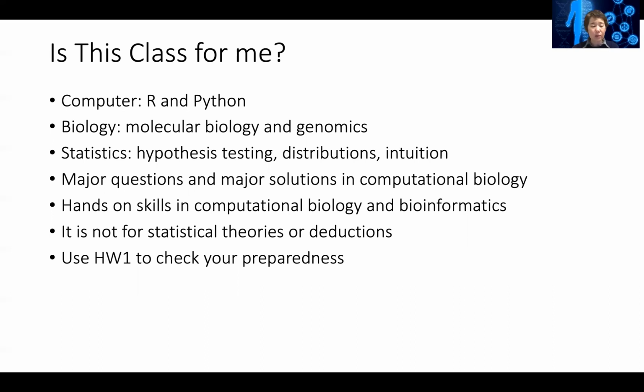So in this class, we are going to cover the major questions and major solutions in computational biology, especially those that are related to gene regulation, whether in normal physiological situations or diseases. We will cover the intuition behind many of the algorithms, but we're not going to ask students to develop those algorithms. That's really too hard.